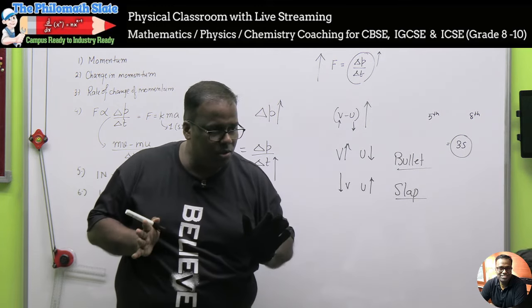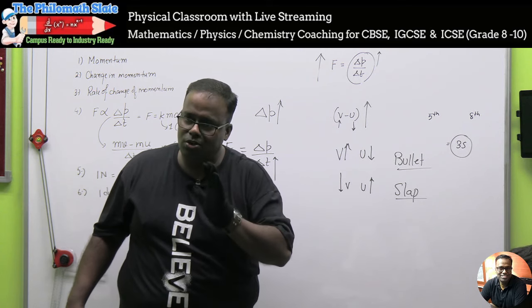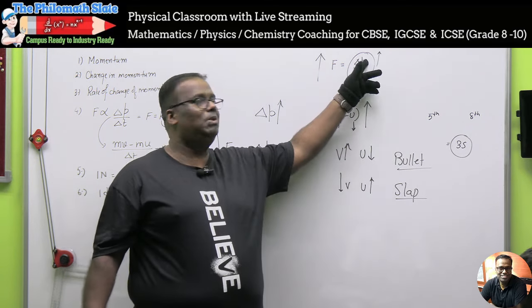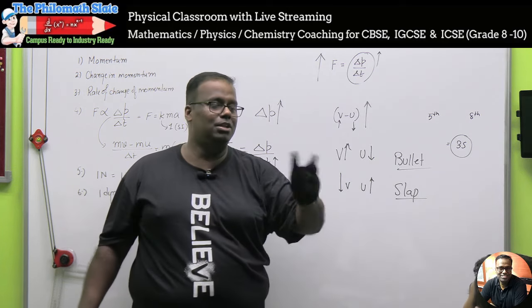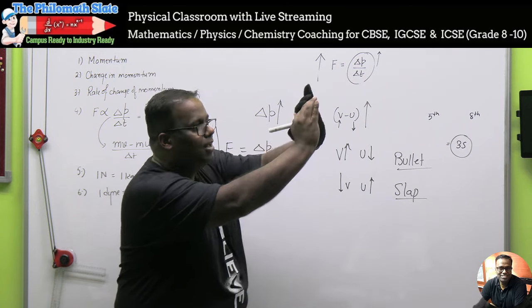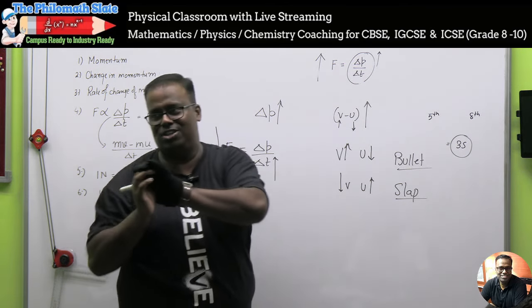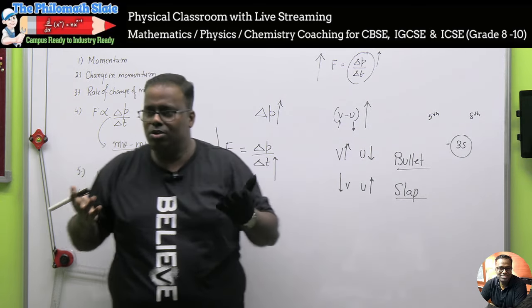Is it in your control? No. When you take the catch, the final velocity will be zero. Is it in your control? No. So you cannot play on the numerator. So you start playing on the denominator. Time is in your control. Brother, instead of catching in 1 second, catch in 3 seconds. Force is less.